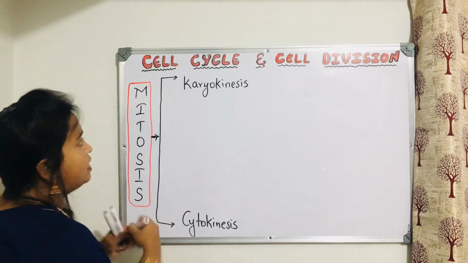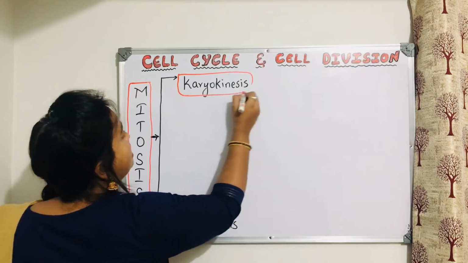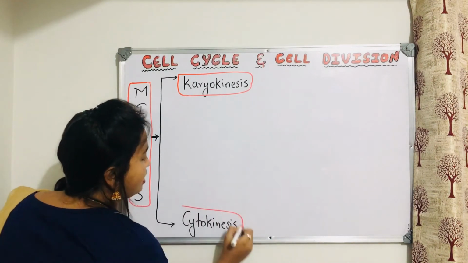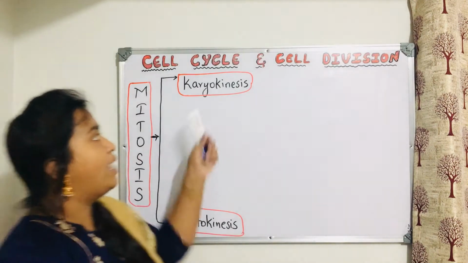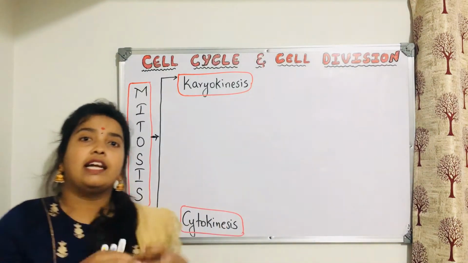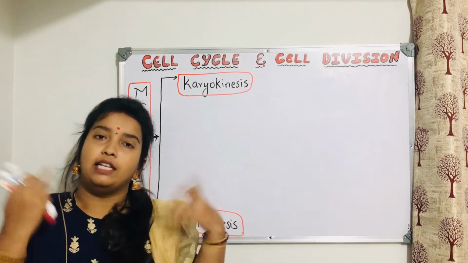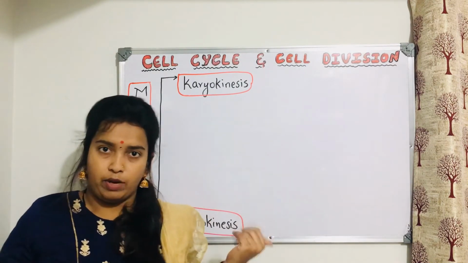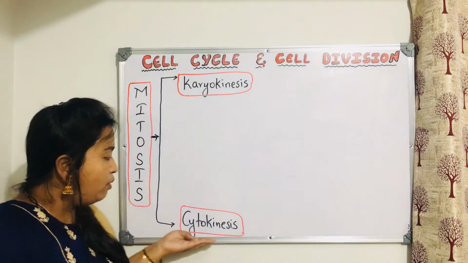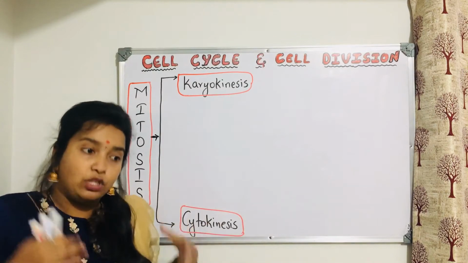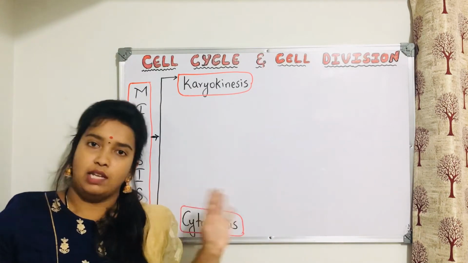So the first one is karyokinesis, and the second one is cytokinesis. Clear? What happens in karyokinesis? The nuclear content is divided into 2 equal parts, or the nucleus divides into 2 equal parts along with the chromosomes, along with the DNA. What about cytokinesis? It is the actual cell division where the cytoplasm also divides and then 2 cells are formed.